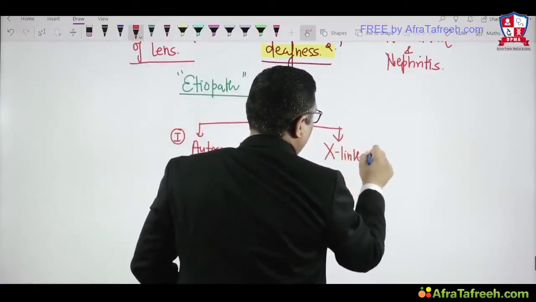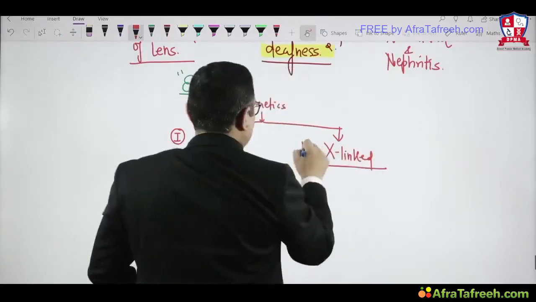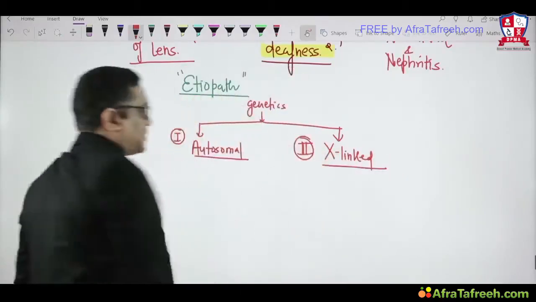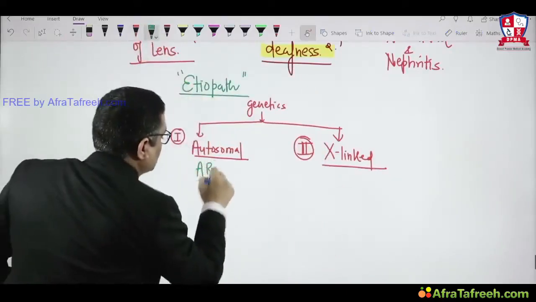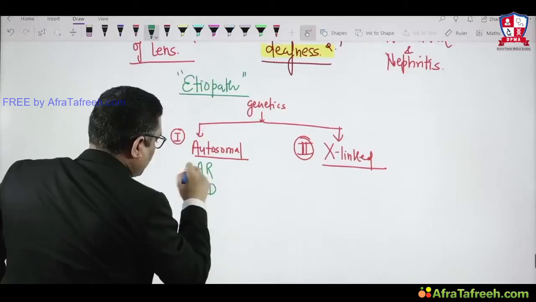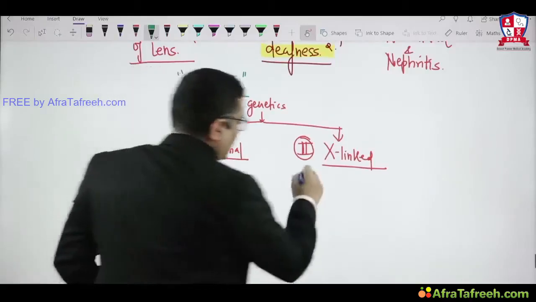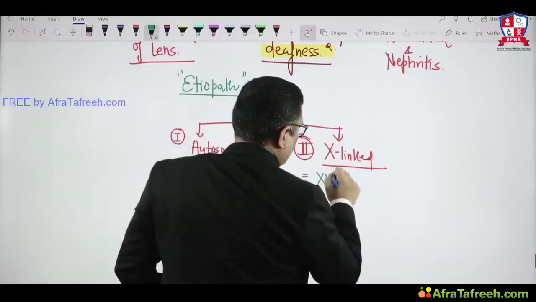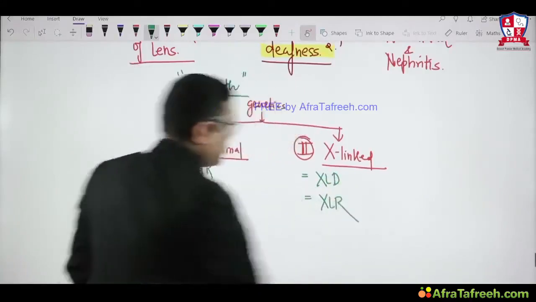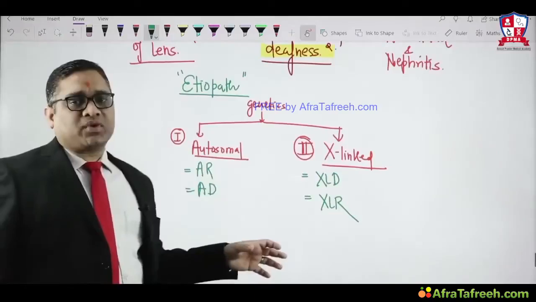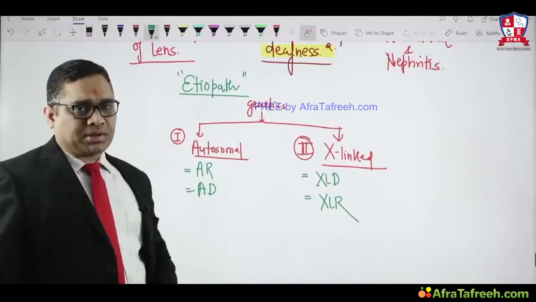So autosomal and X-linked both are present in Alport syndrome, right? Which autosomal? Autosomal recessive also, autosomal dominant also. Which X-linked? X-linked dominant also, X-linked recessive also. So all patterns of inheritance we are observing in Alport syndrome patients.